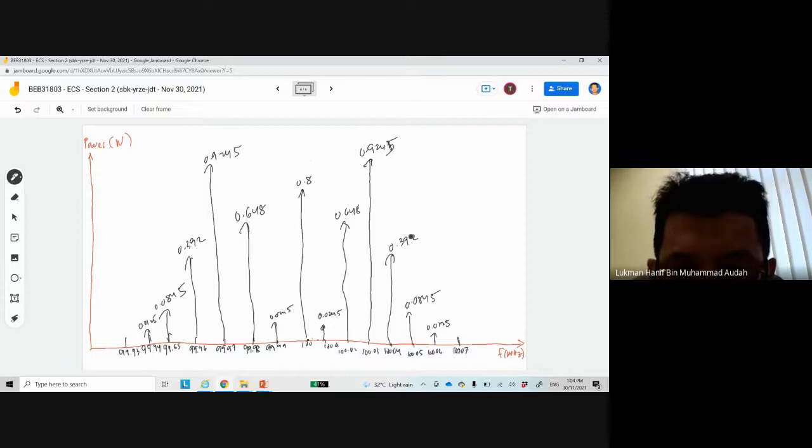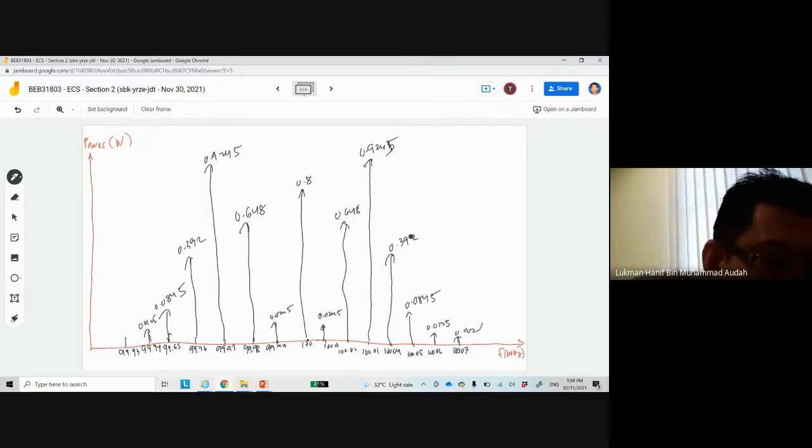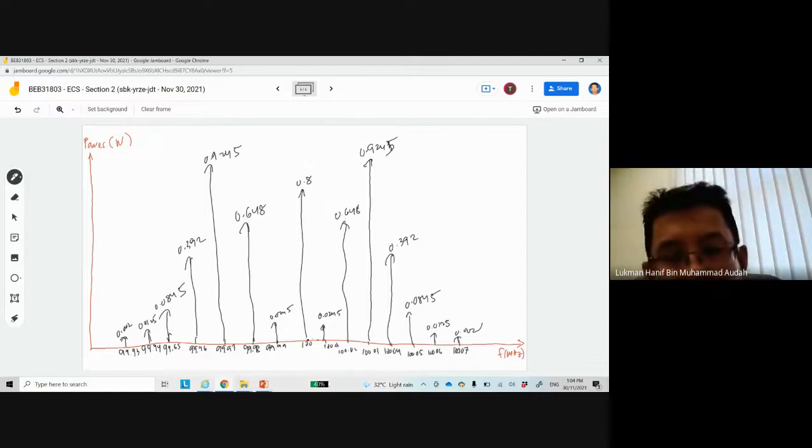So 0.002 maybe somewhere here, over here, 0.002. Can you see?